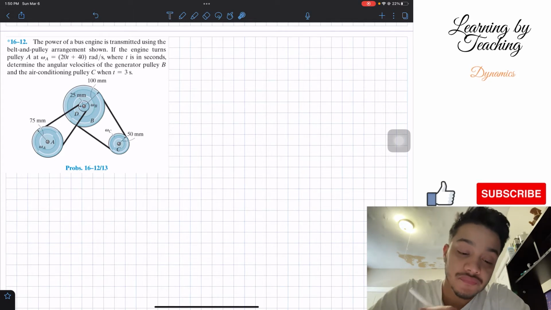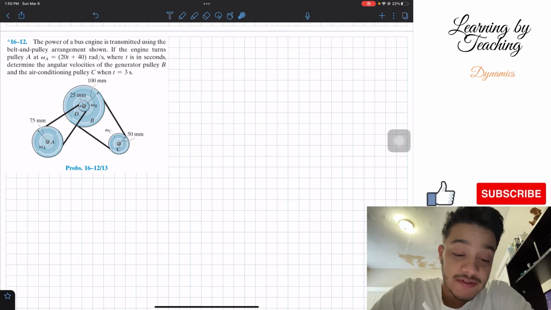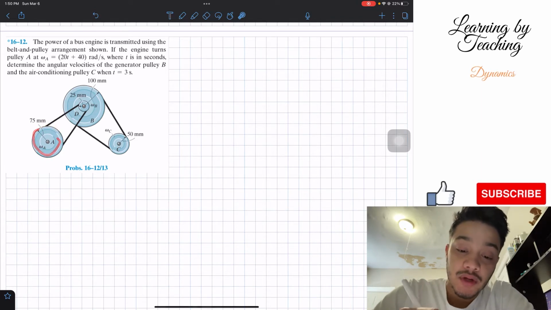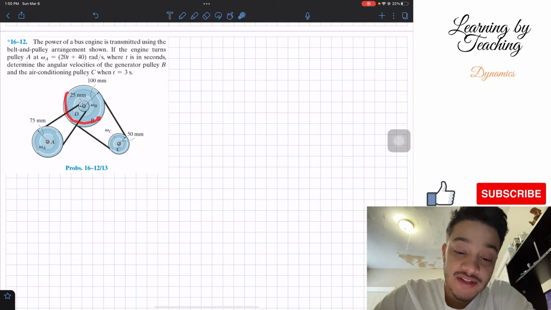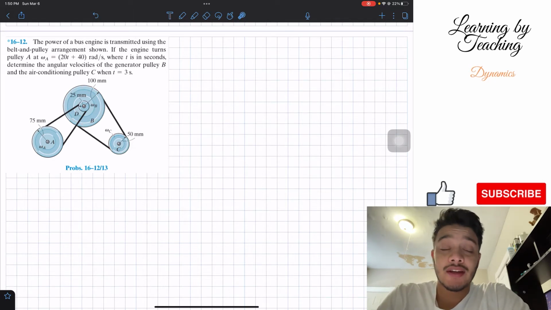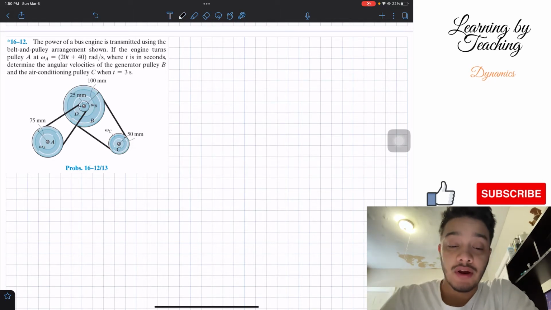So we're given an equation to describe the velocity of this disk, and what we're asked is to find the velocity of disk B and also the velocity of disk C. The first thing I like to do in all these problems is write out our givens.